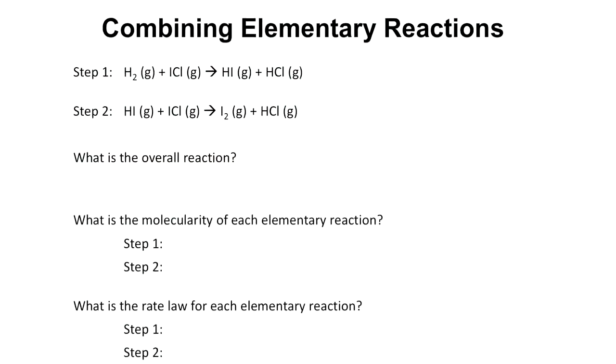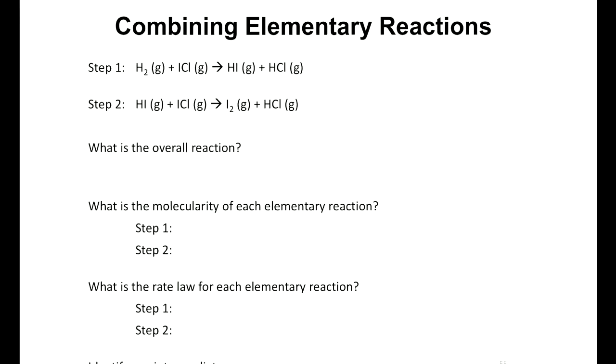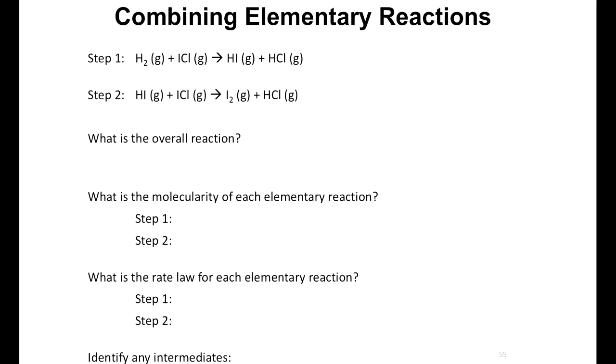So how do we actually get a rate law from these elementary steps? We'll work on that next, but let's do an example here where we actually get the overall reaction. I'm giving you a mechanism. I'm telling you these are the steps, step 1 and step 2. These are elementary steps.